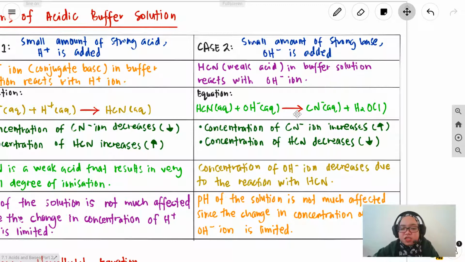The concentration of CN minus increases because a lot of CN minus is formed, and the concentration of HCN decreases because it has reacted with OH minus ion. And what happens to the concentration of OH minus? It decreases due to the reaction with HCN. So the pH of this solution is also not much affected, because the change in concentration of OH minus ion is limited. So there is not much difference.